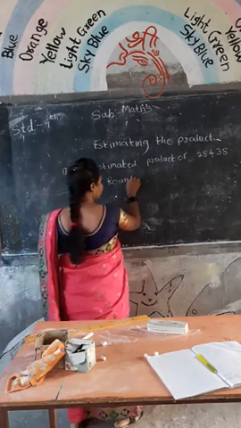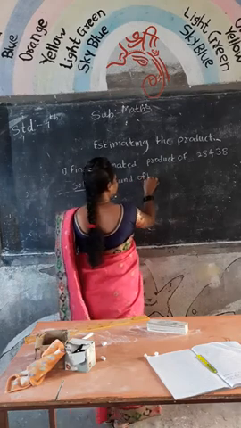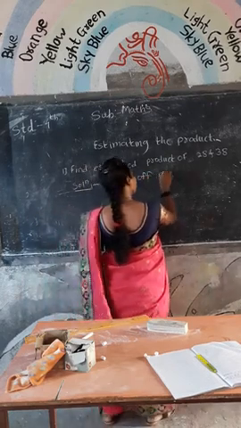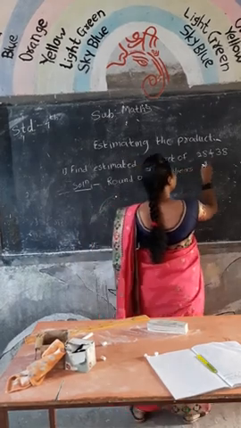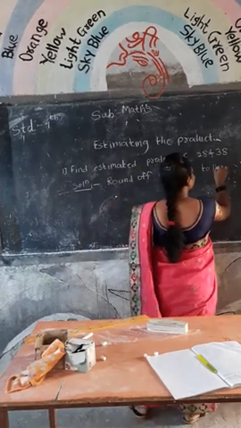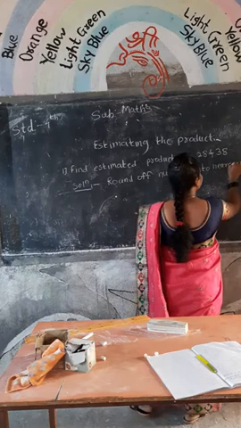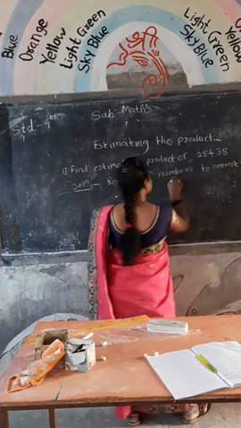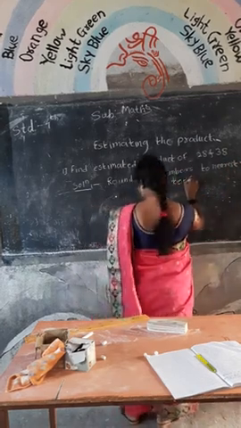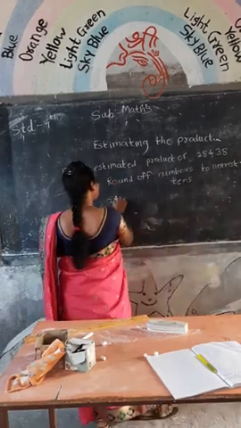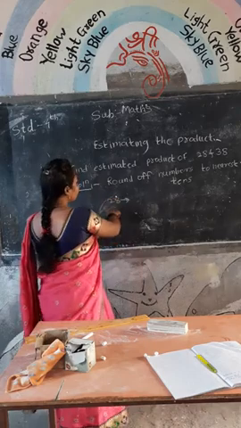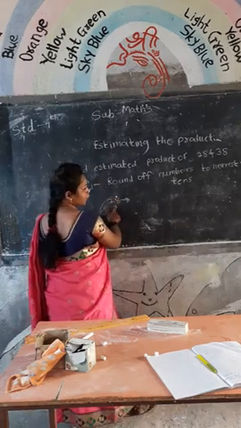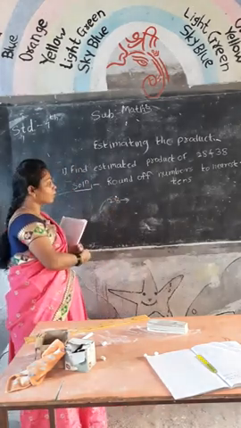Round off numbers to the nearest tens. First number is 28. Round to the nearest tens. Consider the ones place digit. In ones place 8 is given.